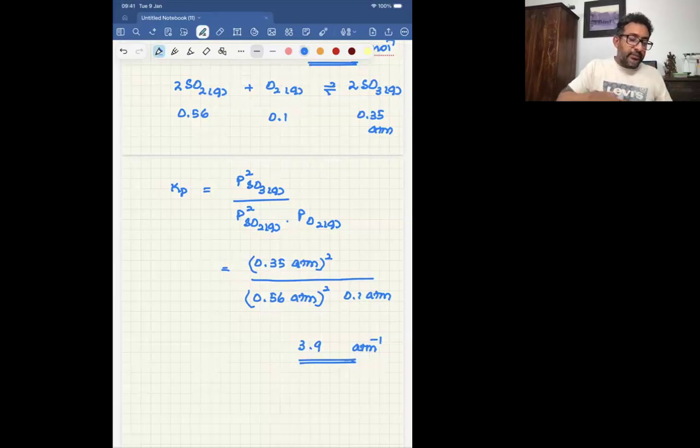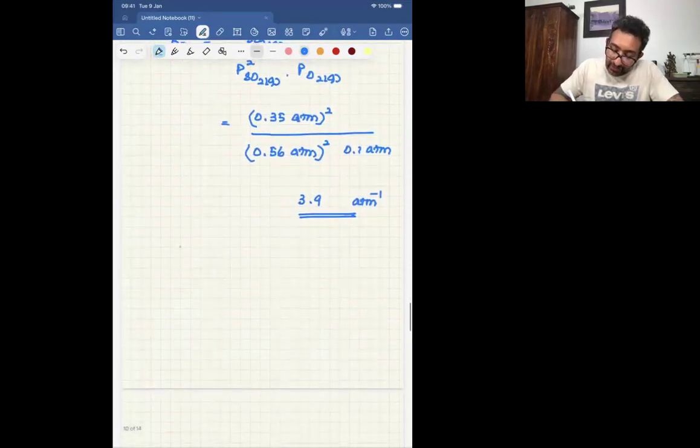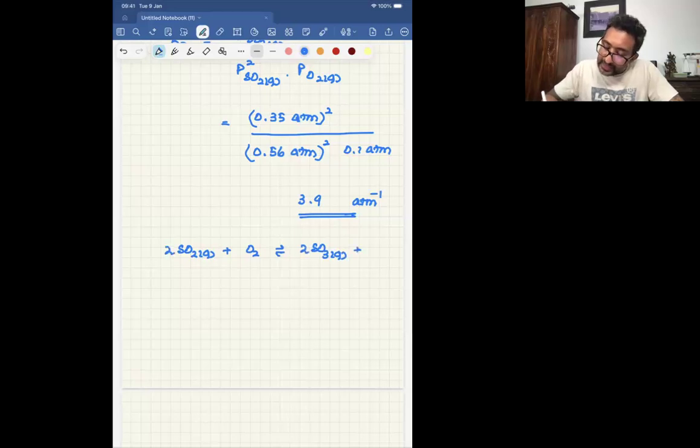Explain how the partial pressure of sulfur trioxide changes when the temperature of the system increases. Now you all know that this reaction is an exothermic reaction. So sulfur dioxide plus oxygen gives sulfur trioxide, an exothermic reaction. The energy is on this side.